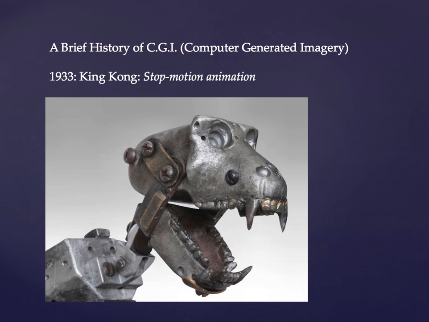Stop motion animation is still around. It's very popular, but it's not for the big monsters. It's not for big giant Kongs and dinosaurs and things like that. After CGI came in the early 90s, and we'll get up to that when we get to Jurassic Park and so on, stop motion animation more or less went the way of animated type films, Pixar type films, and movies like that.